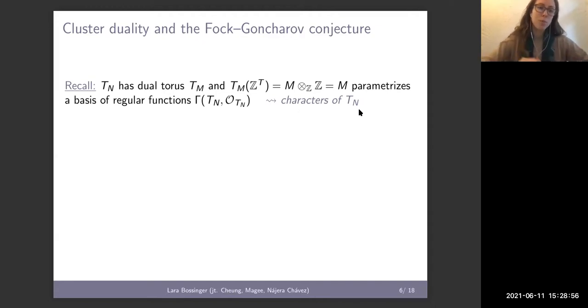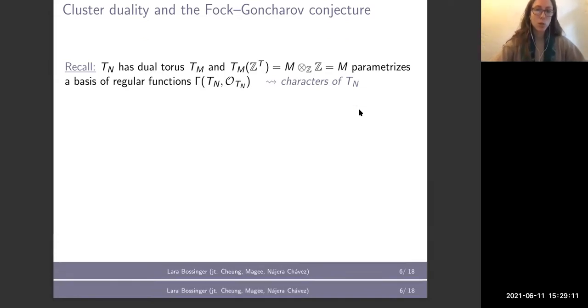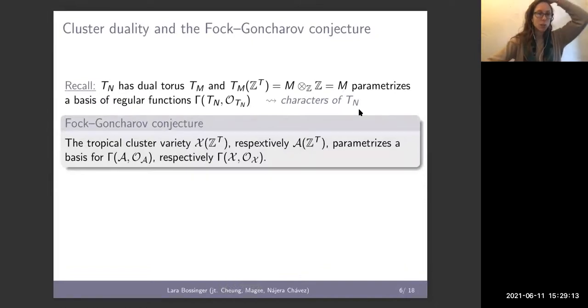And now, cluster varieties are kind of far generalizations of tori, but you can imagine that it's not too bad to hope for a similar statement for cluster varieties. And this was what Fock and Goncharov expected and conjectured. So the version for cluster varieties goes as follows.